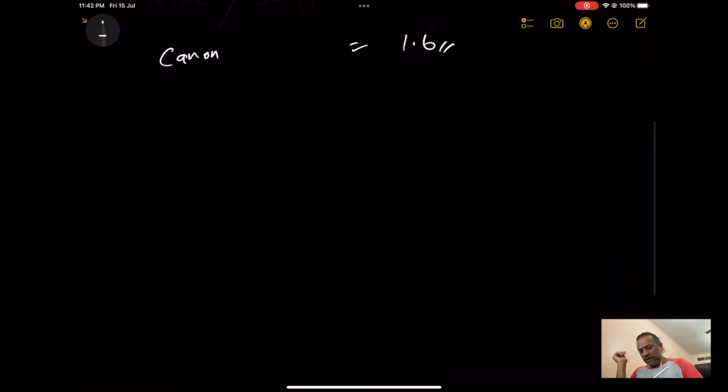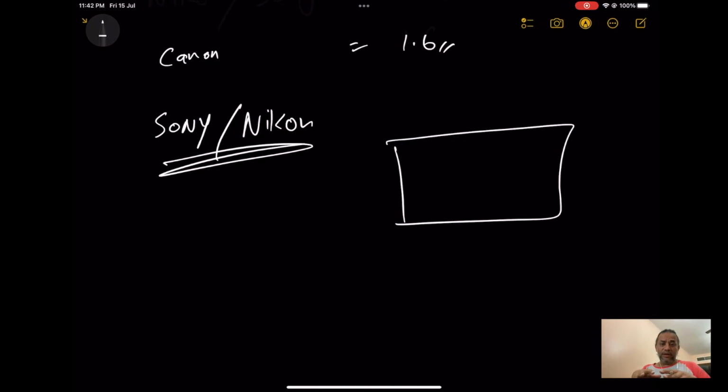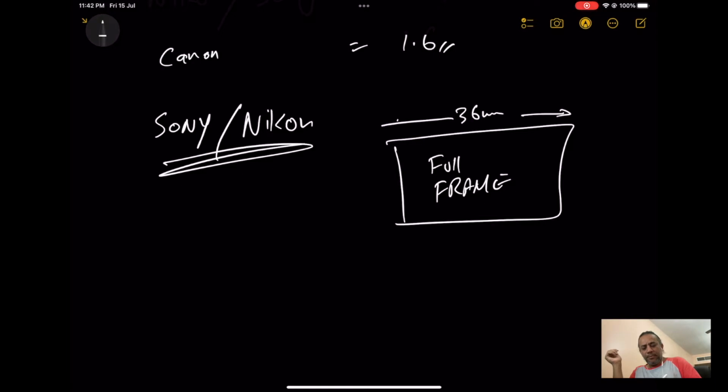Let's start with Sony and Nikon. They make the sensor, and I'm going to start with the full frame. The full frame sensor is 36 millimeter by 24 millimeter. Simple as that.